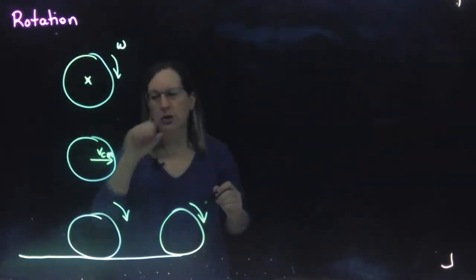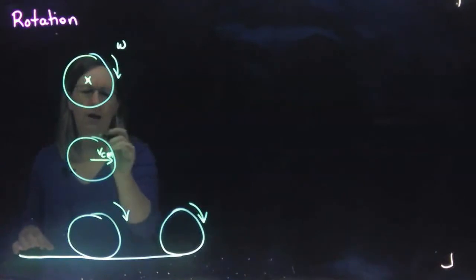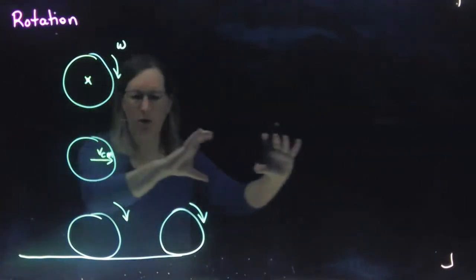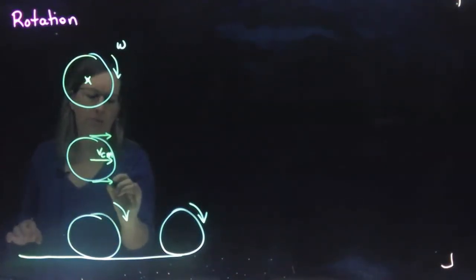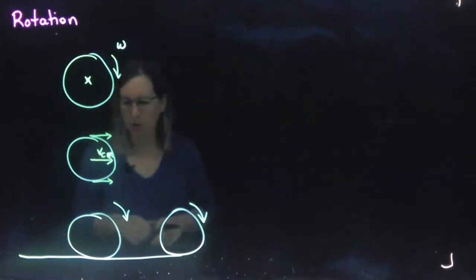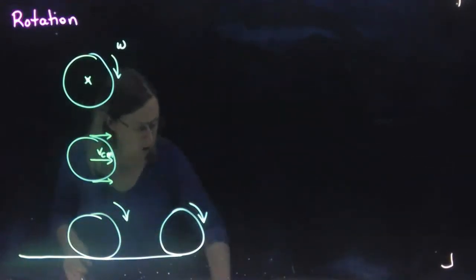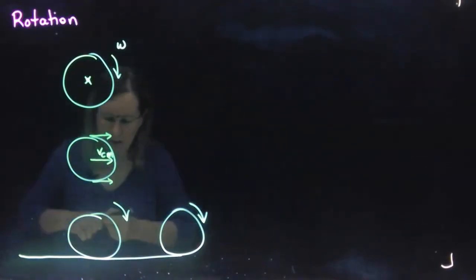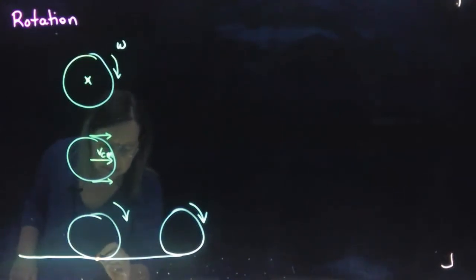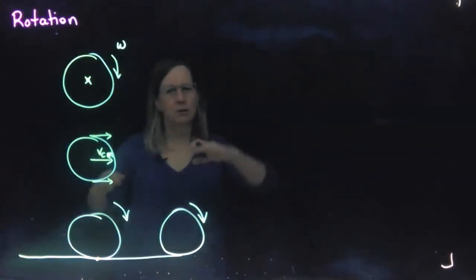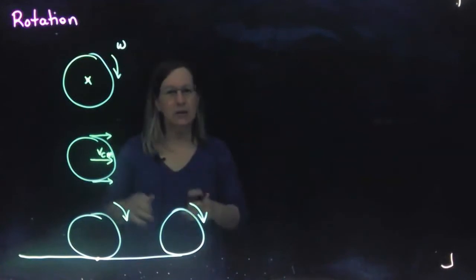If the center of mass is going this direction, and this is just being dragged, then the top of the bicycle wheel and the bottom of the bicycle wheel are going the same speeds. But when something's rolling, at least for an instant, the bottom is in contact with the ground, and if it's not slipping, that's actually a 0.